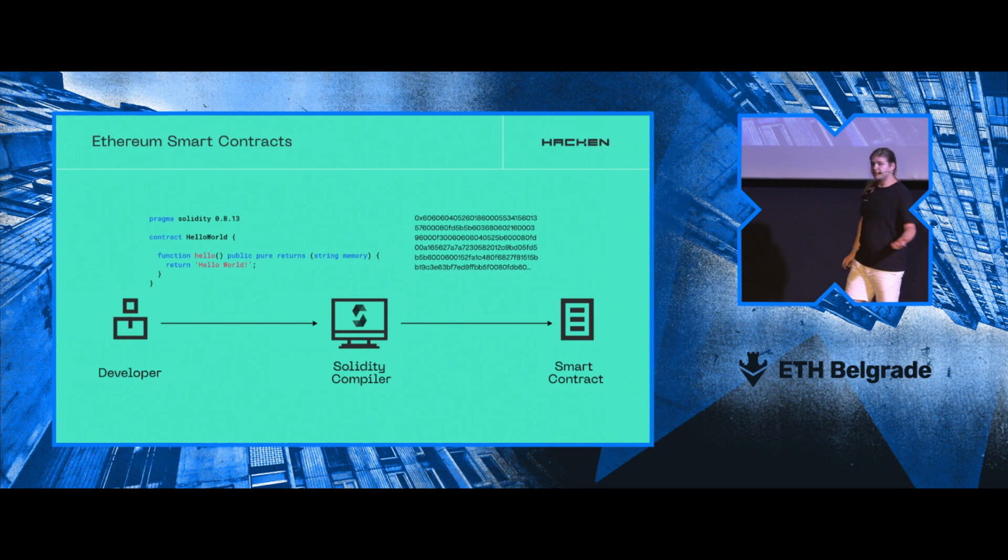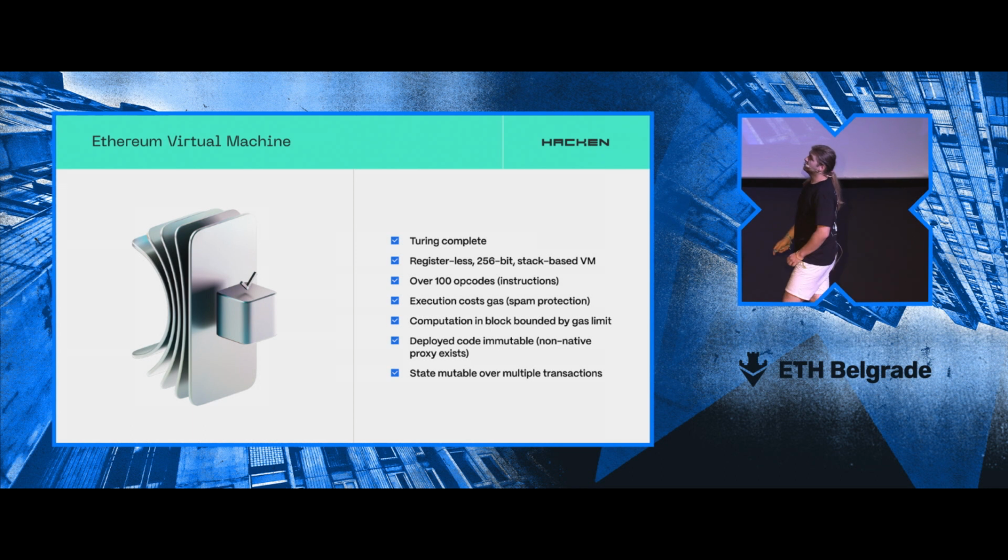And of course, if you want to code on Ethereum, you have to pick a language. There are several options. The most popular one would be Solidity, which looks a bit like this. You put that Solidity through a compiler, you get some bytecode, and using a transaction, once again, you put it up on the blockchain. Once it is on there, it runs on the EVM, which is a Turing-complete registerless 256-bit virtual machine with a gazillion opcodes, which has, of course, gas costs.